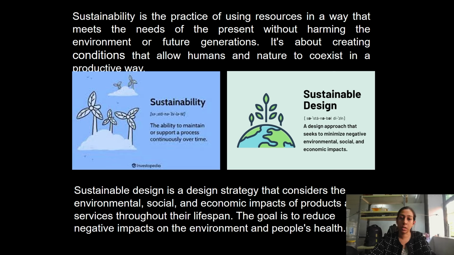So what do you mean by sustainability? The ability to maintain or support a process continuously over time. And what is sustainable design? A design approach that seeks to minimize negative environmental, social, and economic impacts. Sustainable design is a design strategy that considers the environmental, social, and economic impacts of products and services throughout their lifespan.